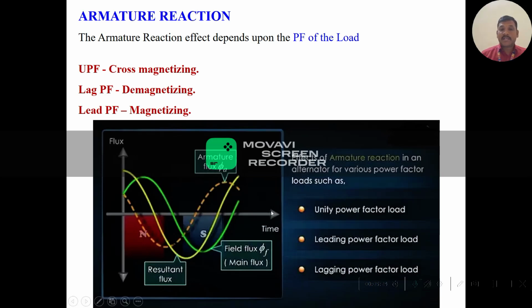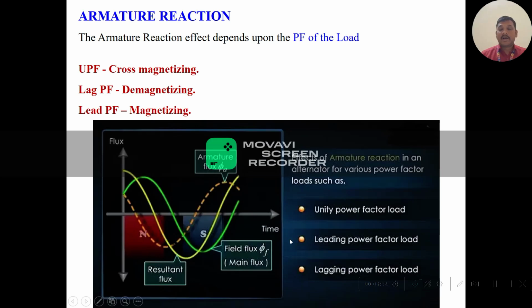Here you can see the images, and there are two fluxes shown. One is shown as a dotted line, which represents the flux produced by the armature current, and it is named as phi A. And the other flux, denoted by the green color lines, indicates the field flux.